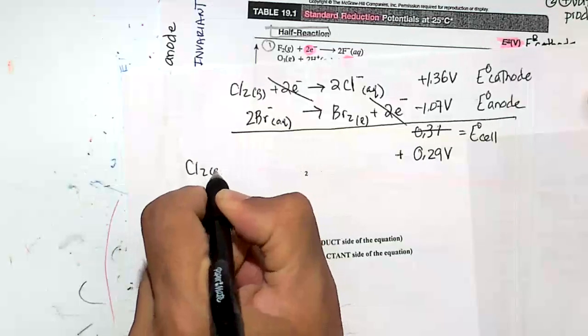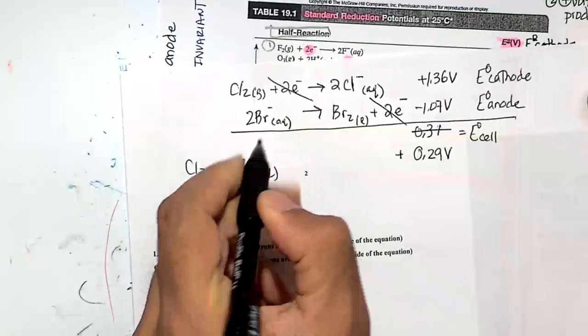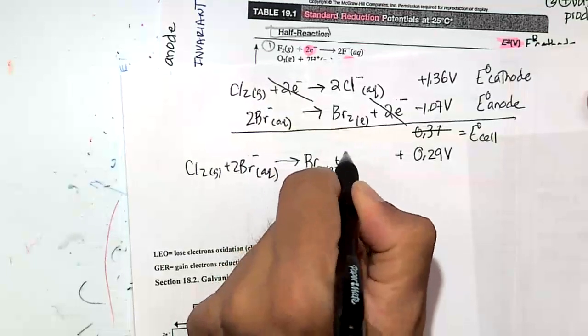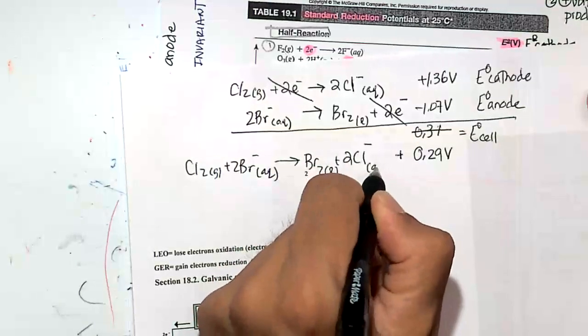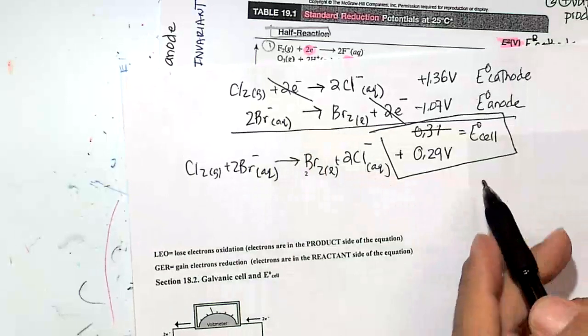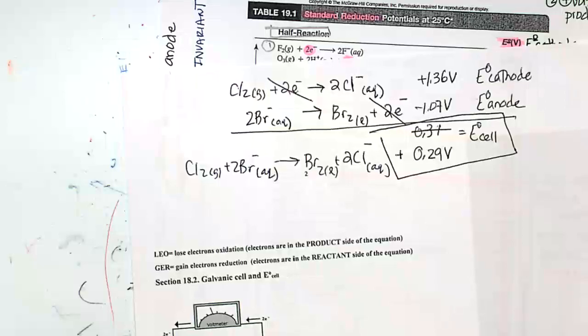And then our net reaction is Cl2 gas plus 2Br minus goes to Br2 liquid plus 2Cl minus. So this is our E cell. Is it positive or negative? It's positive.